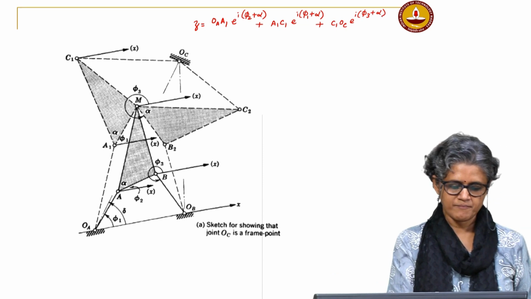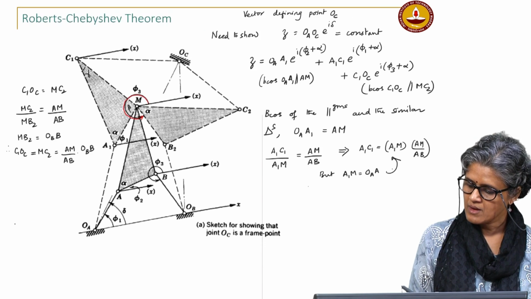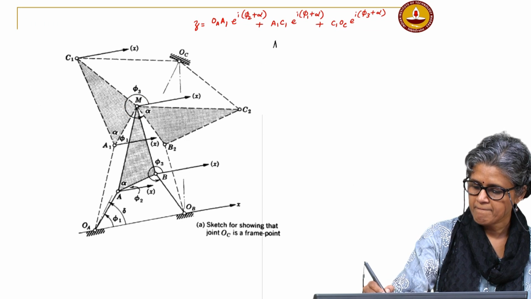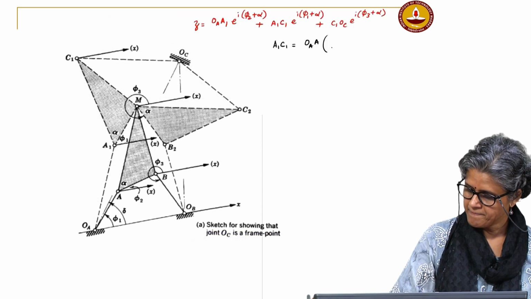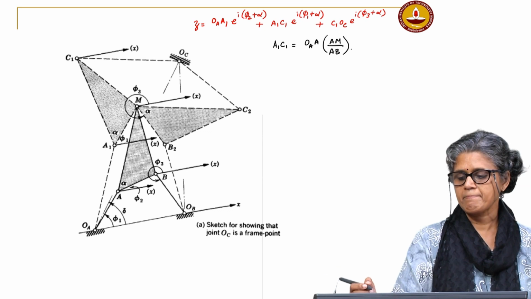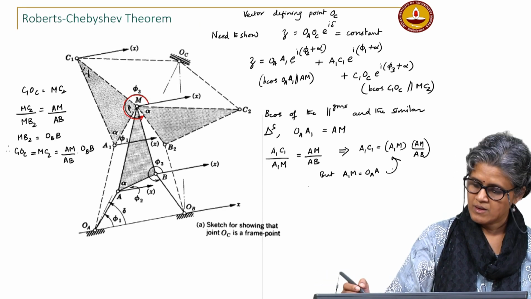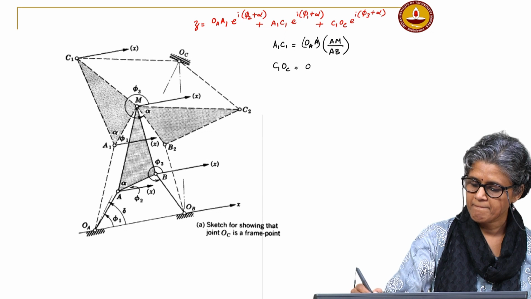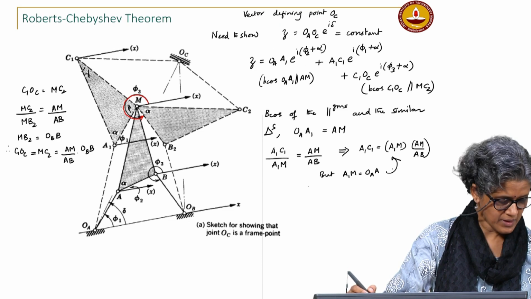This is what I have. I have shown that A1 C1 is equal to OAA into AM by AB, and C1 OC is equal to OBB into AM by AB.